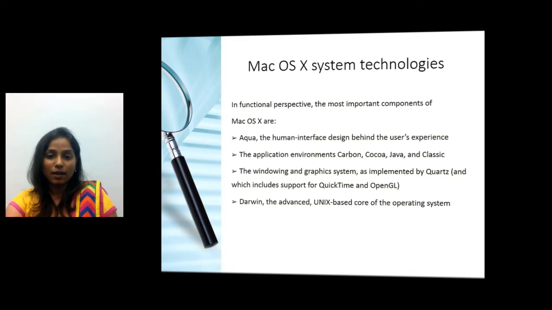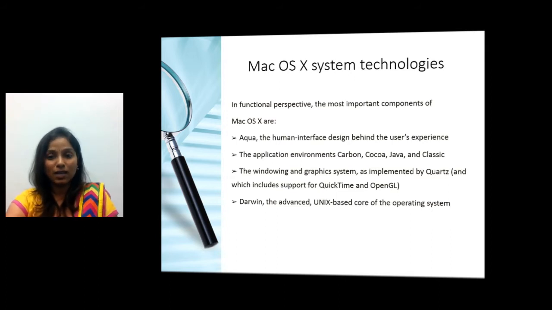The level higher above the windowing and graphic system is called application environments, where all the applications are developed by the developers of the Mac OS X system. And the highest level of the functional perspective is called Aqua, which is termed so due to its transcendence and its water shadowing technology, because it is highly crystal clear.